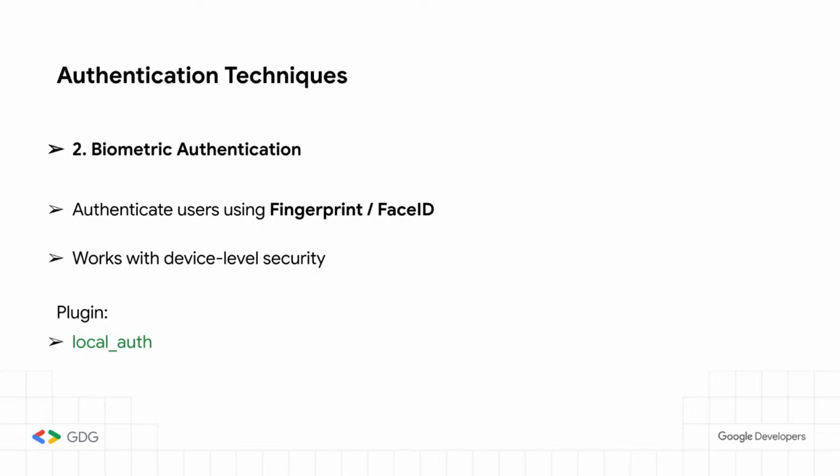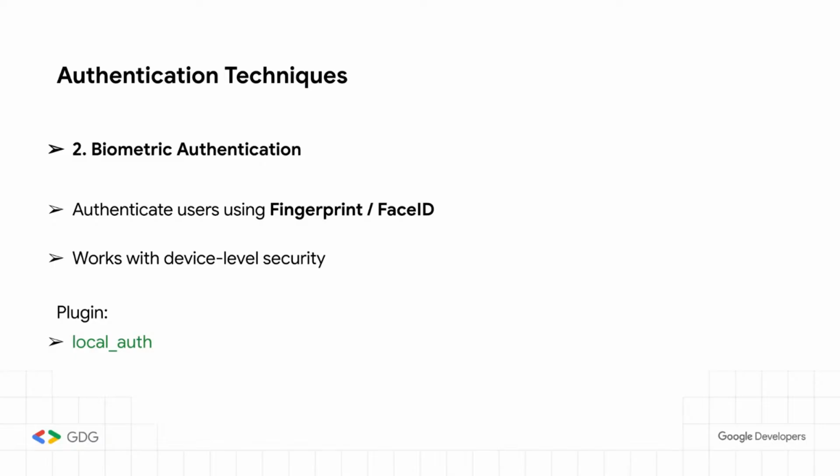And the package, the plugin that we use is local_auth. So if you want to integrate biometric authentication in your application, we'll be using the local_auth plugin to implement that. The implementation is very simple, and it is device specific. So for Android, we will have the touch, the fingerprint security, and also the Face ID.